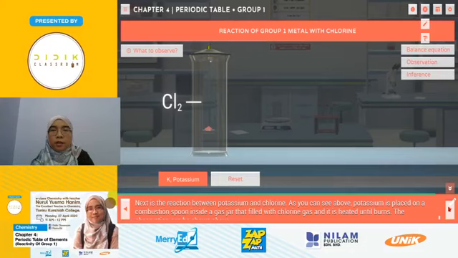Potassium burns very brightly with purple flame to produce white solids. And potassium is very reactive towards chlorine. And now we can compare the three reactions of lithium, sodium, and potassium with chlorine.